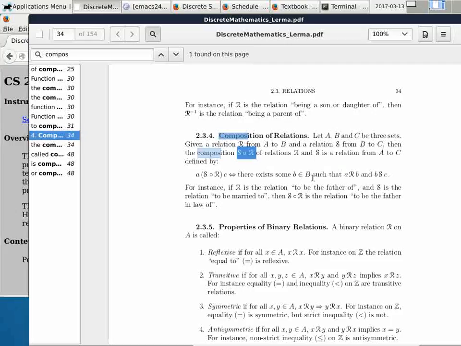So this one writes blue, this one writes blue, this one writes orange, this one writes black, and this one writes blue.